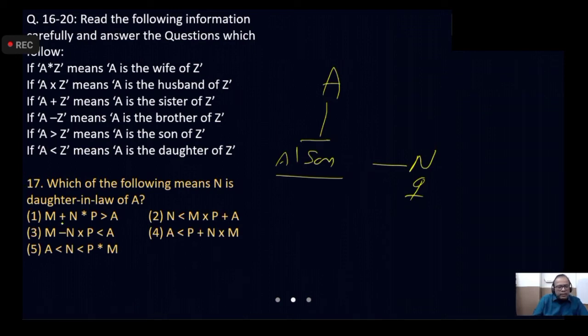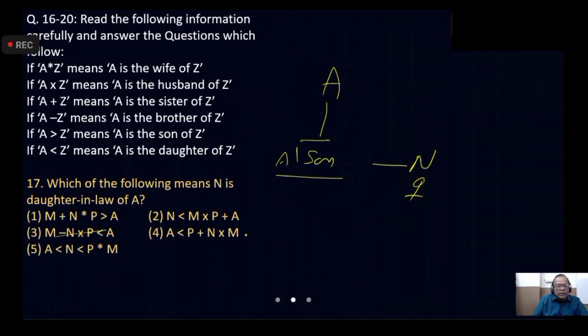Choice number 1. When you look at choice number 1, wherever N is there, immediately look at the symbol next to that, N star. Star means wife, a possibility is there. Then N less than means daughter, possibility is there. N into means husband, no, this cannot be the answer.